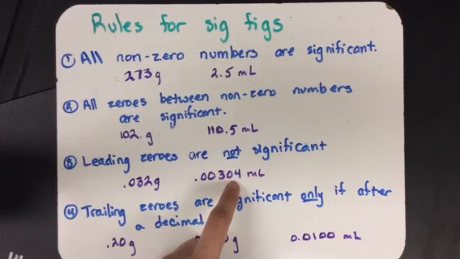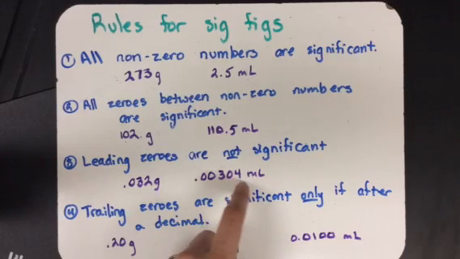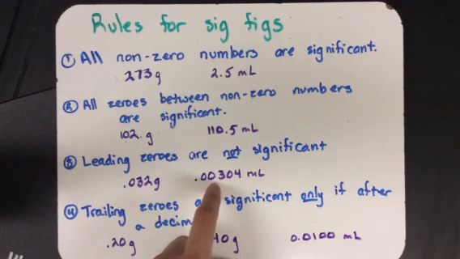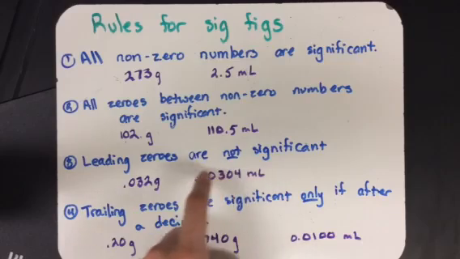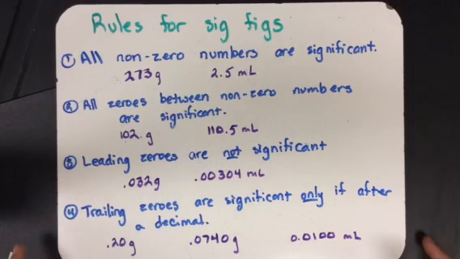This is very precise. However, you only have 3 sig figs, 3, 0, and 4. Don't forget this 0, it is in between 2 non-zero numbers, so it is significant. But the 2 zeros in front are not. So this value only has 3 sig figs.